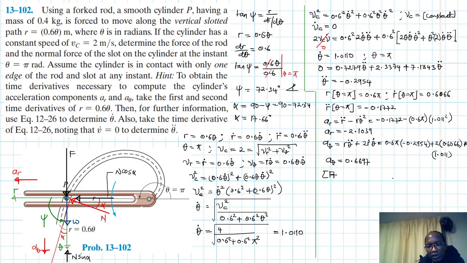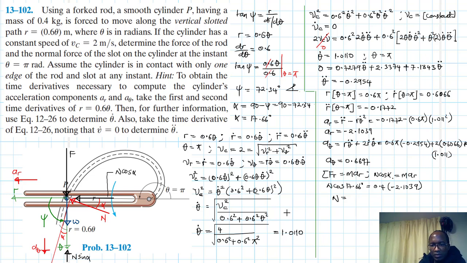So then let's apply the equations of equilibrium. We'll say summation of forces in the R direction equal to m AR, and in the R direction we have N cos alpha. N cos alpha is equal to m AR, where alpha is 17.66, m is 0.4, and AR we found as minus 2.1039.